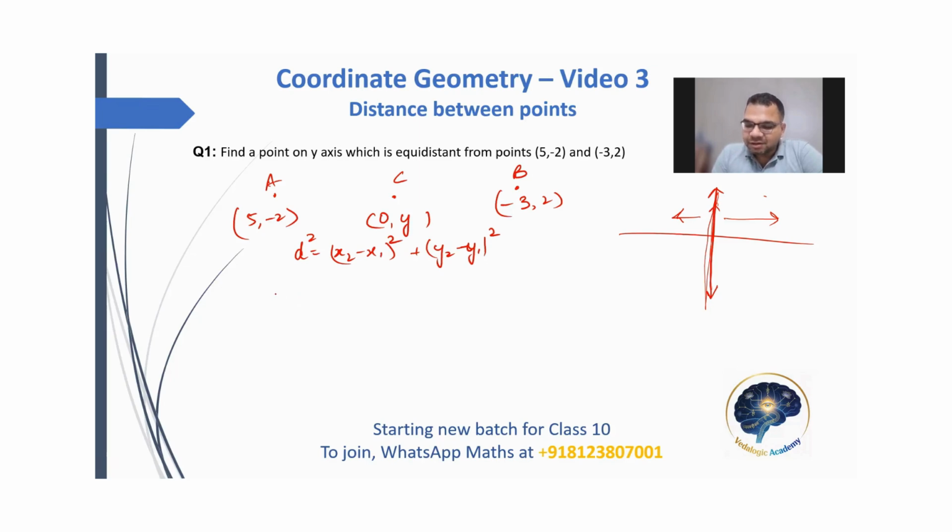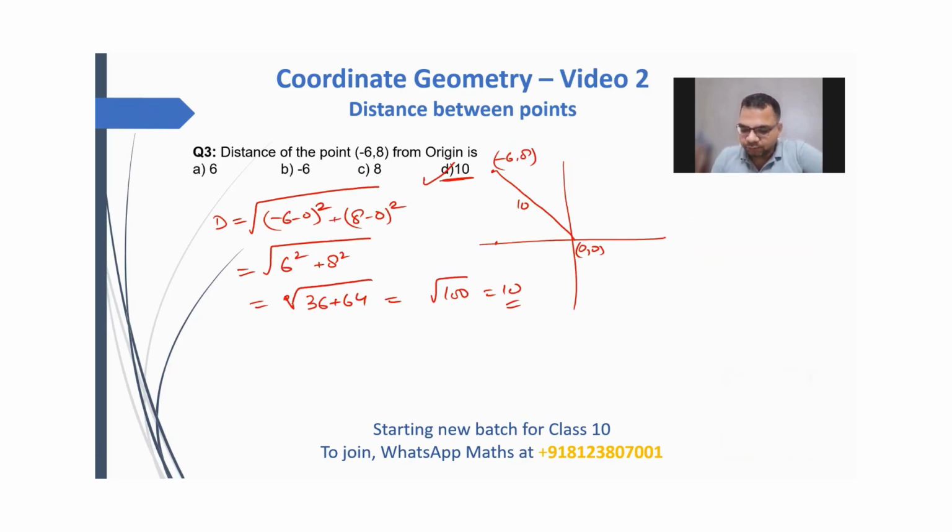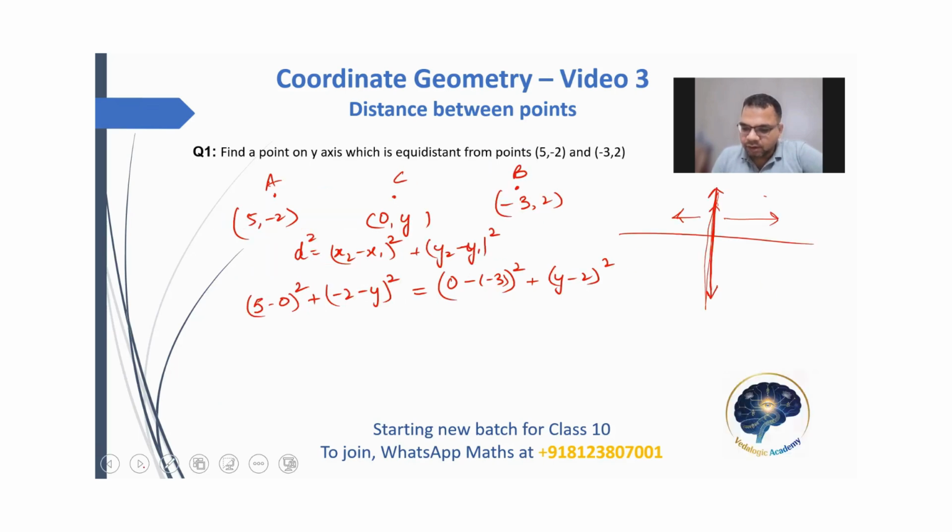Okay, so distance between A and C, that is 5 minus 0 whole square plus minus 2 minus y whole square, equals 0 minus minus 3 whole square plus y minus 2 whole square. So this is what we have, and we are going to find the value of y using this. So 5 minus 0 becomes 5, 5 square is 25, plus this is 2.